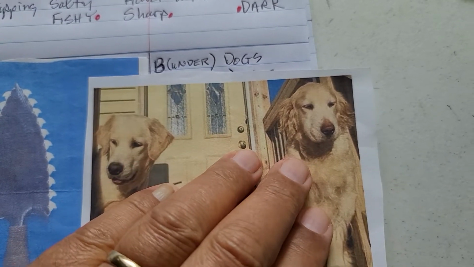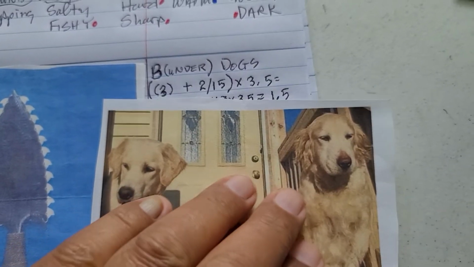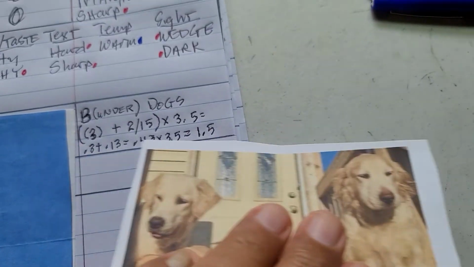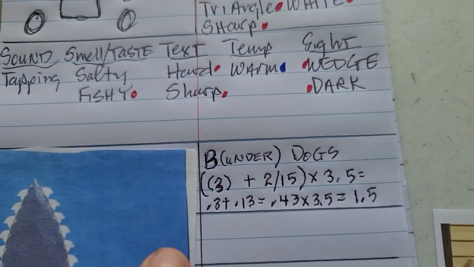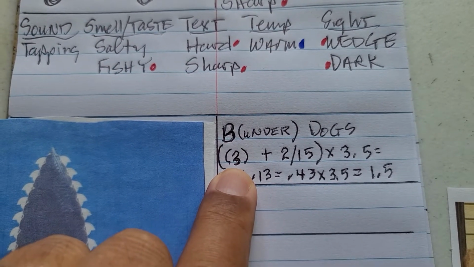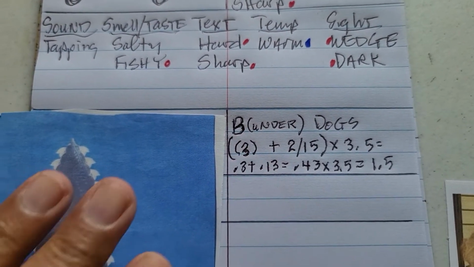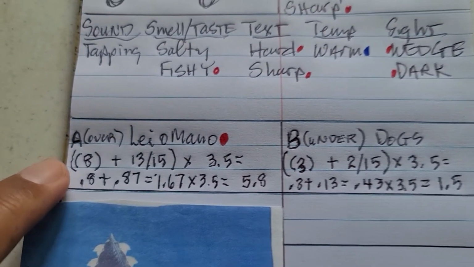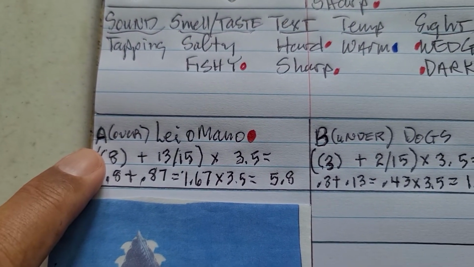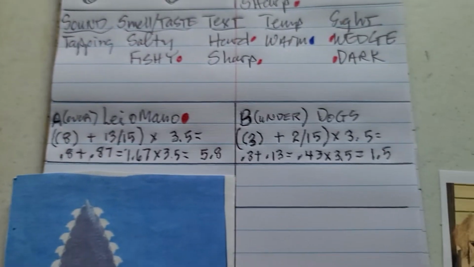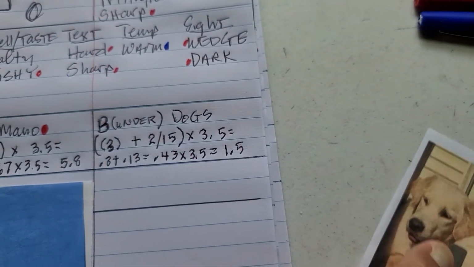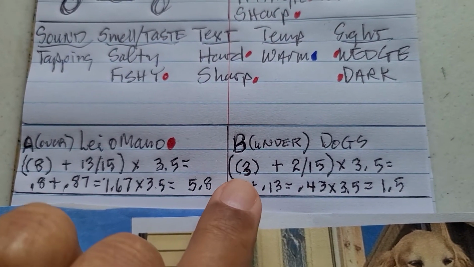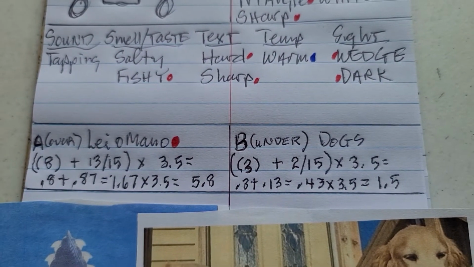When compared to the photo itself, I gave the sketch a 3. So the lei o mano had a ranking of 8 out of 10, and the dogs only 3 out of 10, just from the sketch alone.